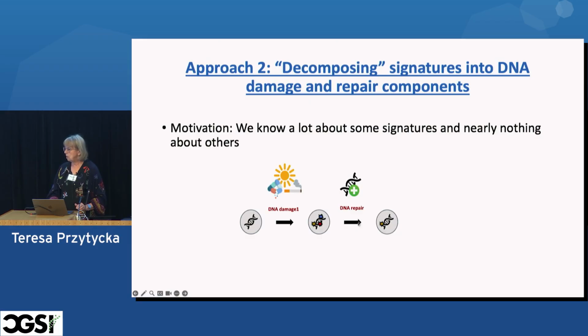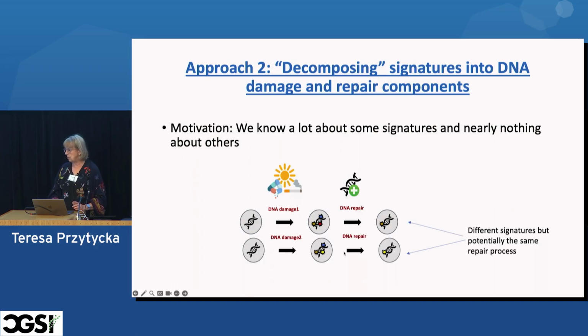So we would like to find some kind of imprint that the second step has on the signature, so that if we have two signatures which may have different DNA damage but the same DNA repair step, they will have a measure of similarity that suggests this DNA repair step is potentially similar.